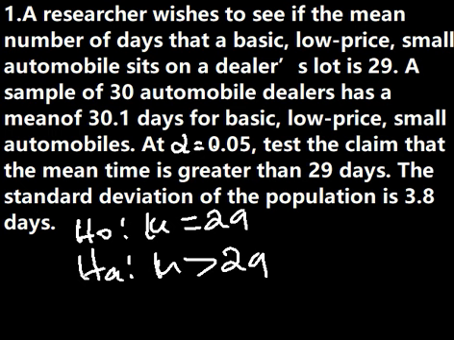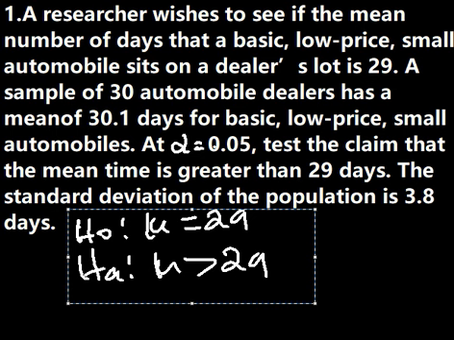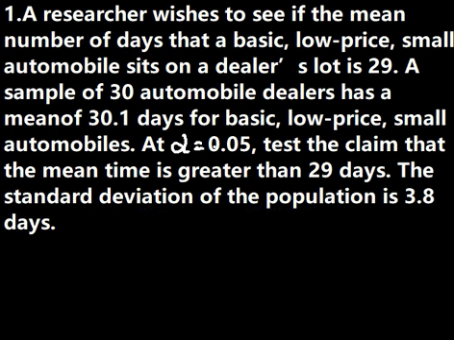So now you know what it means. What is the next step upon having the null hypothesis as well as the alternative hypothesis? The next step is to find the critical value.